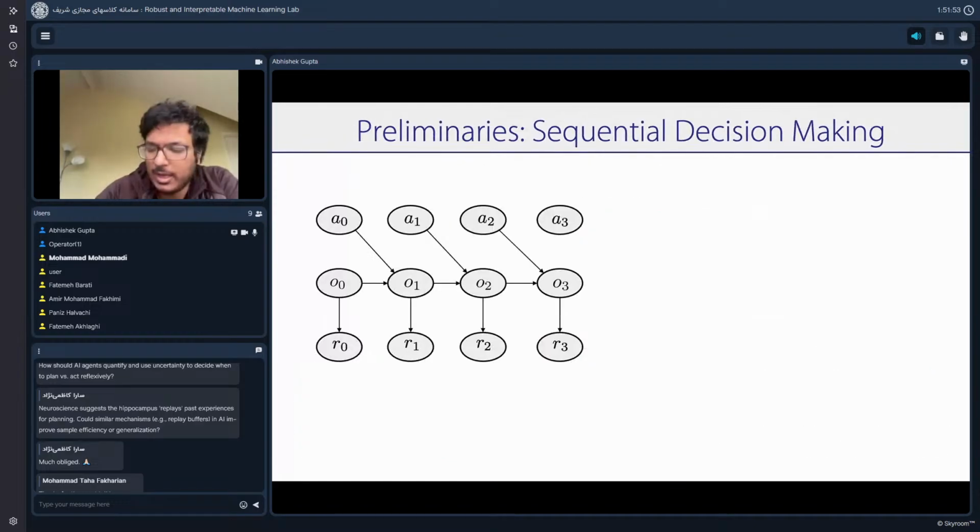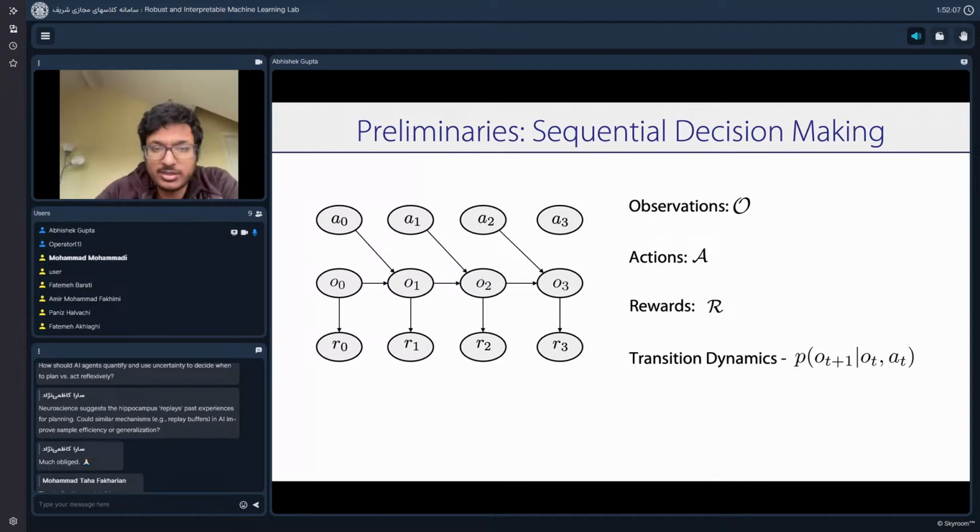Some preliminaries: we'll follow the typical MDP, POMDP type formulation. We'll have observations O, actions A, rewards R, and some transition dynamics, let's call them P, OT plus one given OT and AT. You don't have access to them, but you can sample from them.